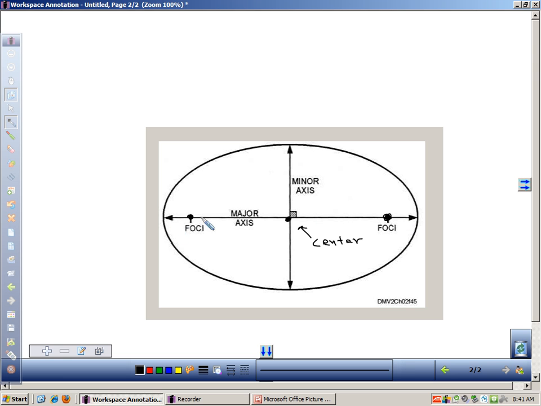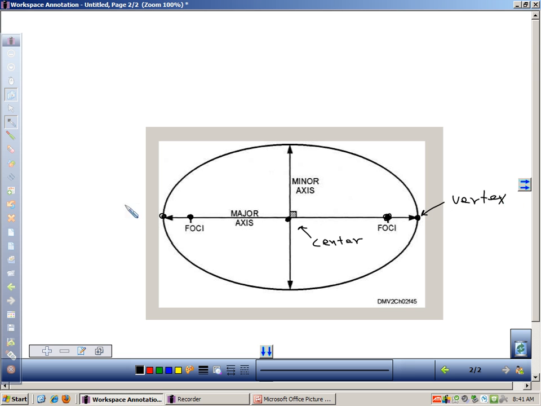The segment that goes through each focus, the center, and these points at the end is called the major axis. So the major axis is the long axis of the ellipse. The points here at the end are called vertices.